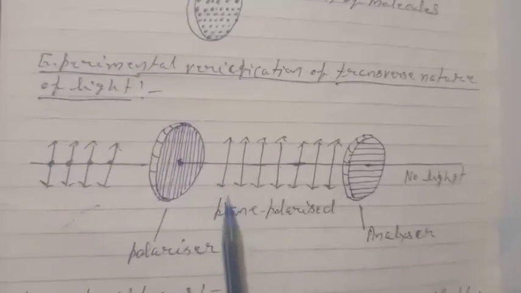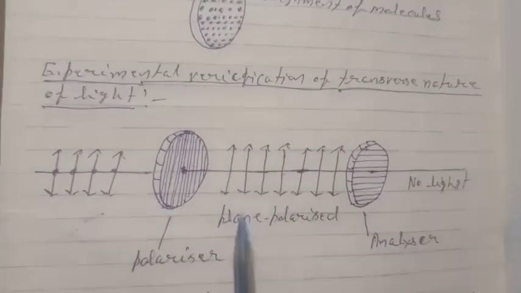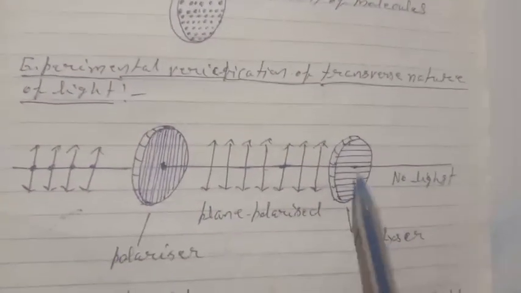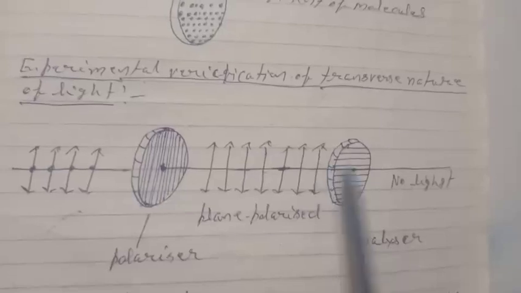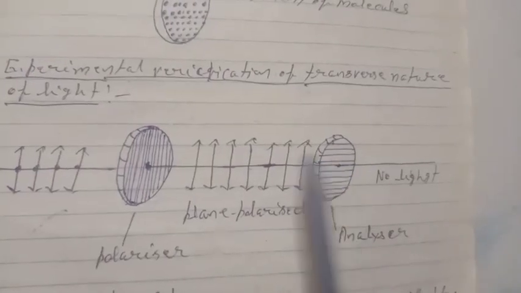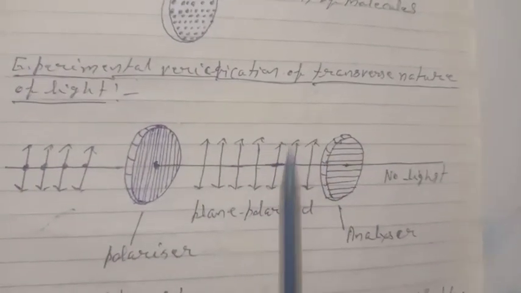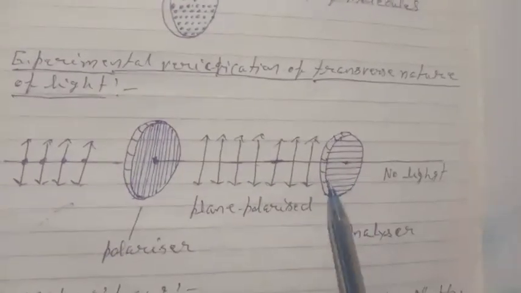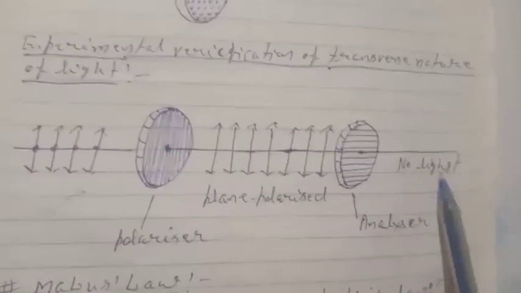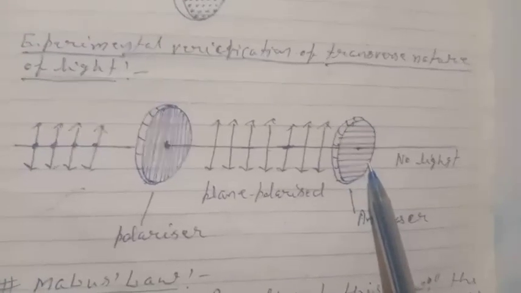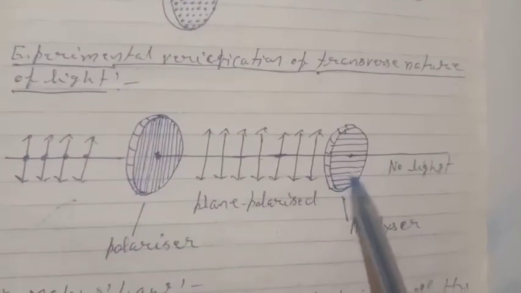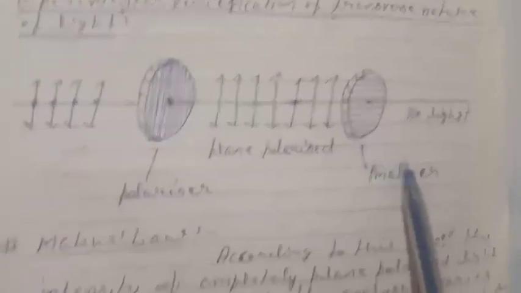Only the vibration of light is in this direction, and when it passes through this, because the axis is now perpendicular to the plane of this vibration, no light is obtained after passing through this. This is called the analyzer. This plate is called the polarizer, and this plate is called the analyzer.